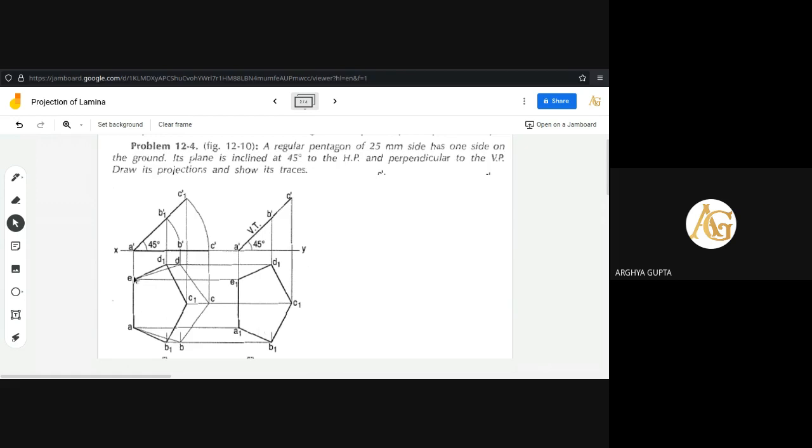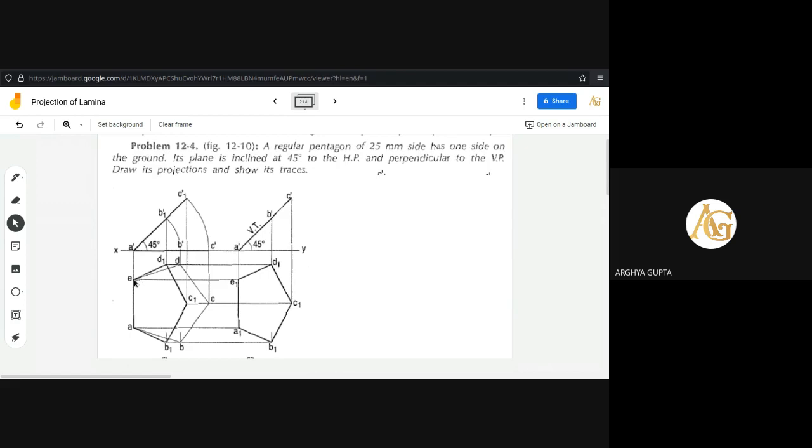So, firstly, the reduced shape of the pentagon cannot be drawn, isn't it? Because we don't know how much length will be reduced. So what we have to do, we have to draw the full shape of the pentagon. Okay, so A, B, C, D and E. So I am repeating the process of how it is done.